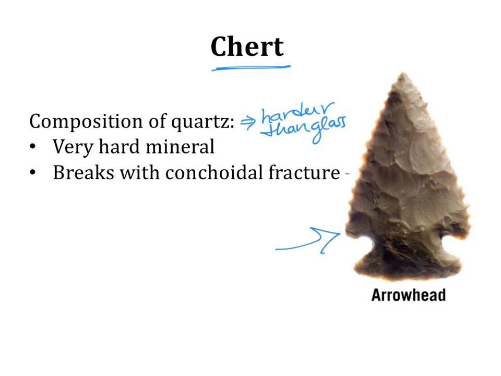Also, another thing you might remember about the mineral quartz is it didn't have any cleavage, but it did break with conchoidal fracture, and that was that kind of scooped out shape, and that helps to make the edges very sharp. So when you have that, and you can see that scooped out shape here, this edge is going to be much thinner than this edge of that cut, and that makes very sharp edges all along the sides. So it was used as primitive tools to help cut things.